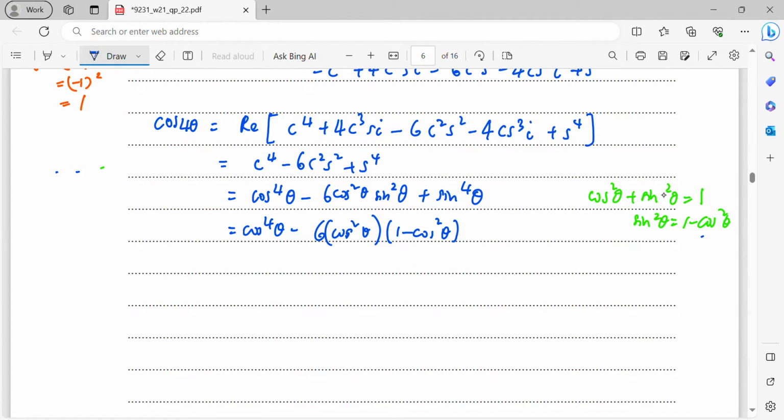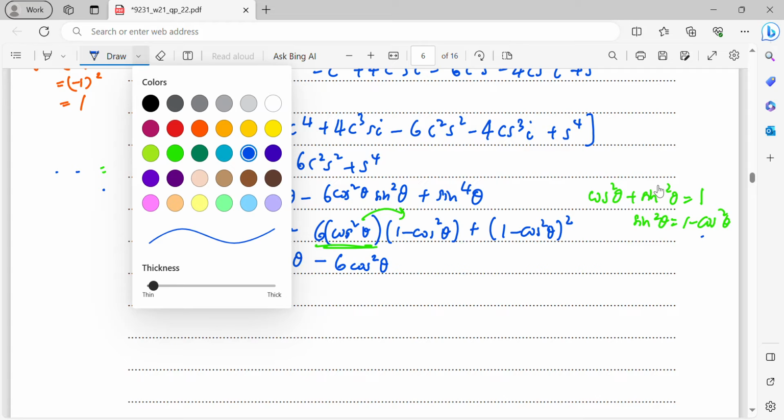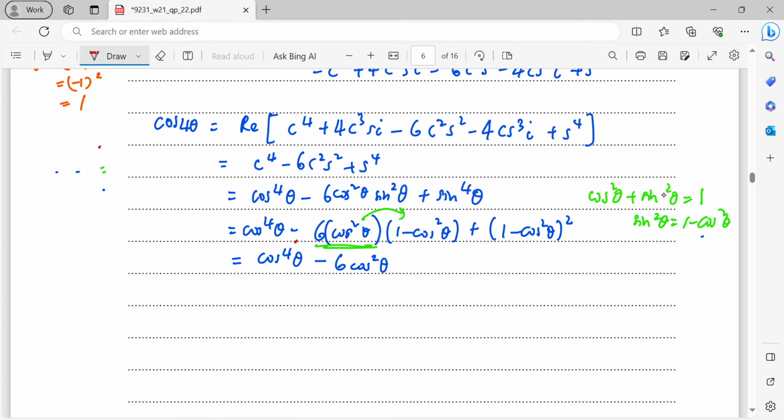And then for the sine to the power 4, it is basically the square of sine squared. So I will write 1 minus cos squared theta. This is my sine squared, then I square outside. So then from here, you will get cos to the power 4 theta minus, and then for the second term, just do expansion. Group this as one term and expand. So it will be 6 cos squared theta. Now, for the second term, be careful, there's a minus. So this minus and minus becomes plus.